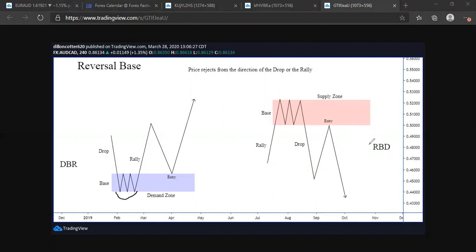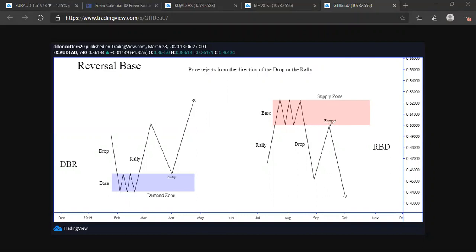And same with rally base drop, right? We'll be looking for sells on this area. So we'll be looking for sells in a supply zone, right? After you see distribution or when the market has reached a peak area and then you see that break of structure to the downside, right?